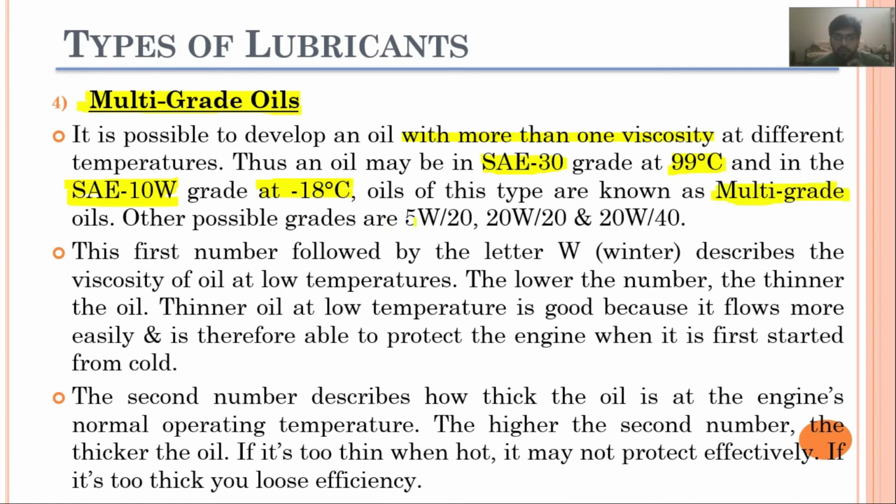Other possible grades are 5W20, 10W20, 20W20 and 20W40. So I hope it is clear to you what multi-grade oil means. Most commonly in Pakistan, multi-grade oil of 10W40 and 20W50 is generally used.